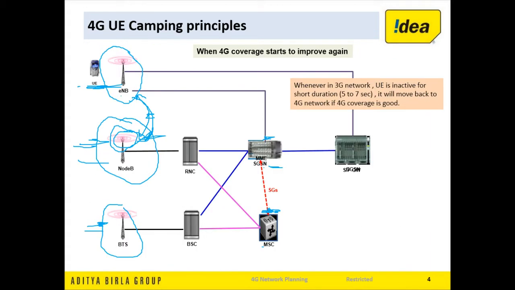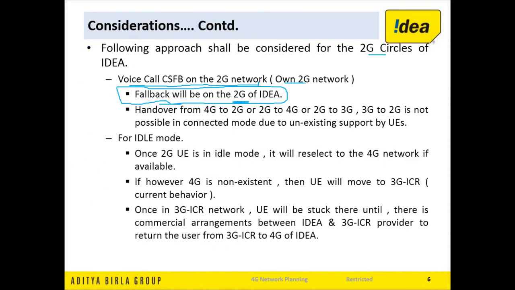Remember we talked of the SGs interface; that needs to get configured, and that will take time, or the 3G operator may not want to do it for Idea. In that case, it makes sense to do it to 2G. The second, more important thing is that for every terminating call we will end up giving revenue to the 3G partner. So where we don't have our own 3G network, we should fall back onto the 2G network.